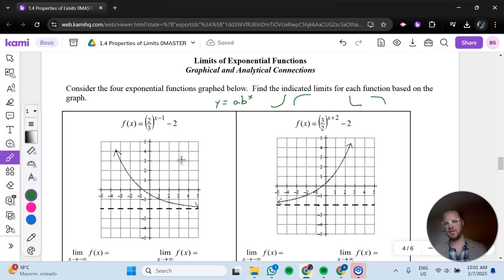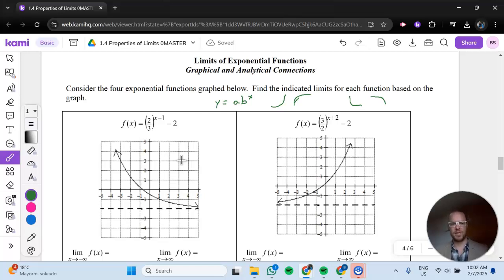If it is growing like this, then that means that our b value is greater than 1, or it is less than 1, and a is negative, which would cause it to flip into this one. Or b could be a fraction, which would give us this one, or it could be greater than 1, and a is negative, making it into this one here, okay? So those are our options.